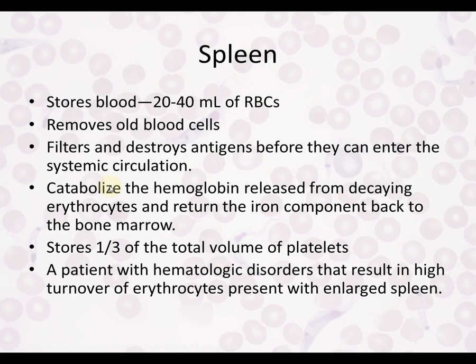A patient suffering from hematologic disorders that result in a high turnover of erythrocytes frequently presents with an enlarged spleen. Additionally, the spleen stores approximately 1/3 of the total volume of platelets.